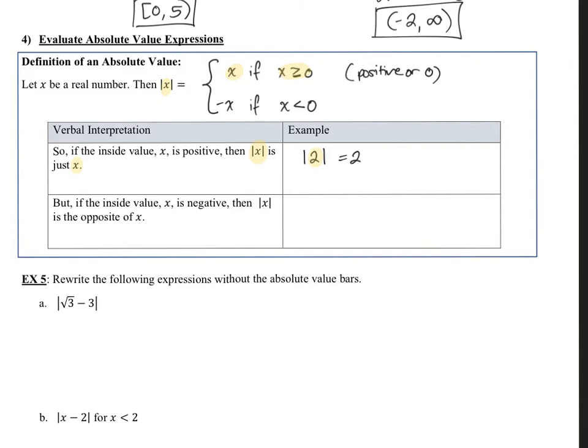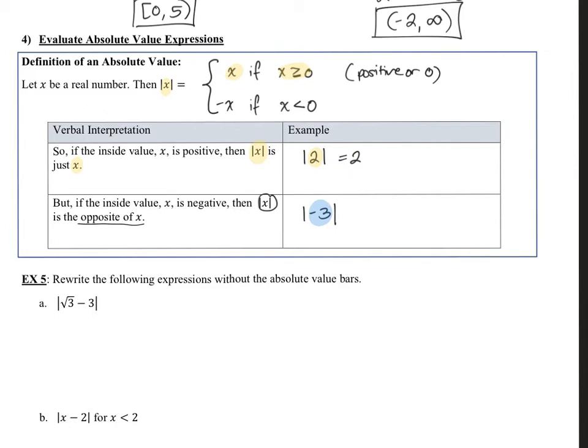Now let's look at the other option. But if the inside value x is negative, then the absolute value of x, when we drop the absolute value signs, is the opposite of x. Let's take a look. Absolute value of negative 3. Well, when I look inside the absolute value symbols, what do I see? I see a negative 3.